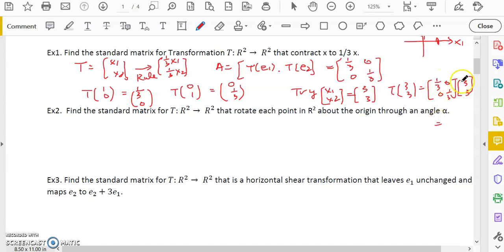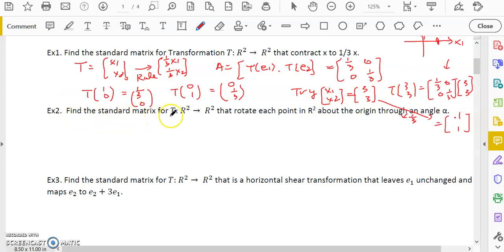Row across, so that's 1, and then the next row, so that's also 1. You can see it begins with 3, 3, and now it becomes 1, 1. It is contracted by multiplying by 1/3. So this is the standard matrix that defines the rule. The rule can be defined verbally or geometrically, but you can find a matrix for it.